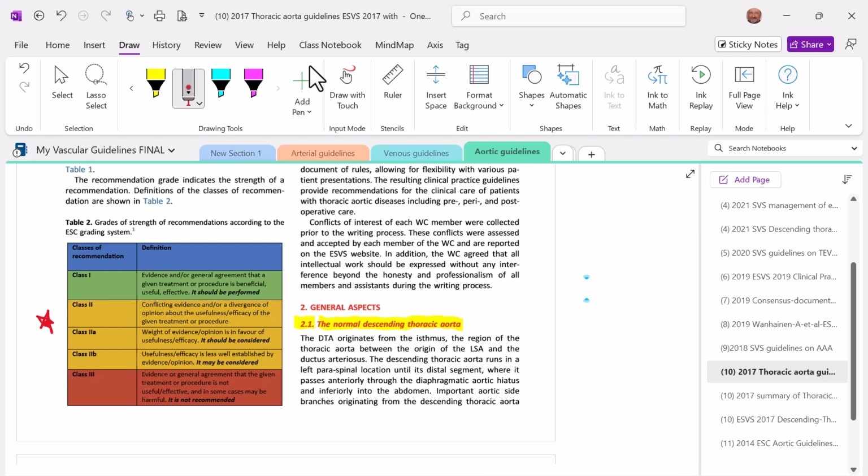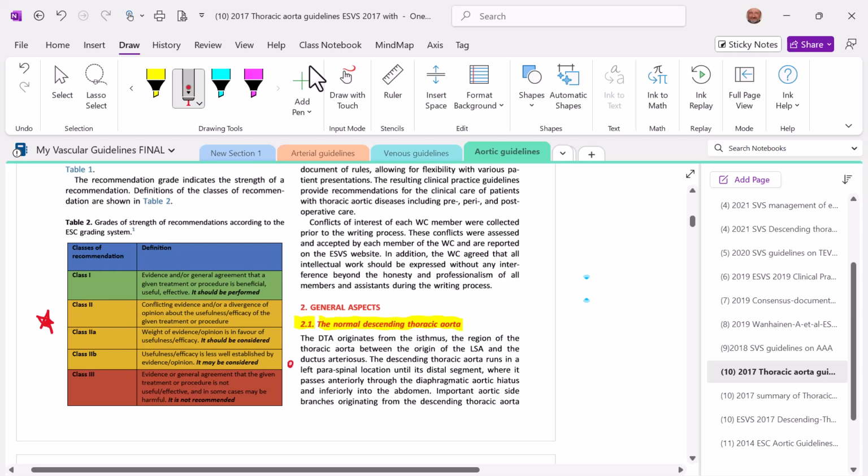This is the American standardization of classes of guidelines. We have class 1 that should be performed, and class 3 is not recommended. Between, class 2 is divided into 2A and 2B. And very important here to see the wording. 2A should be considered, and 2B may be considered.